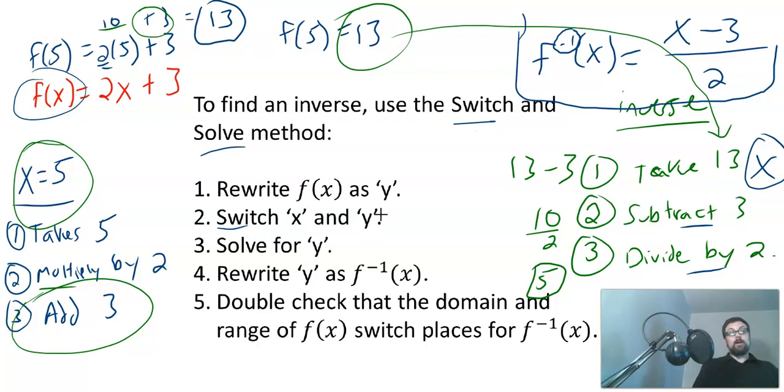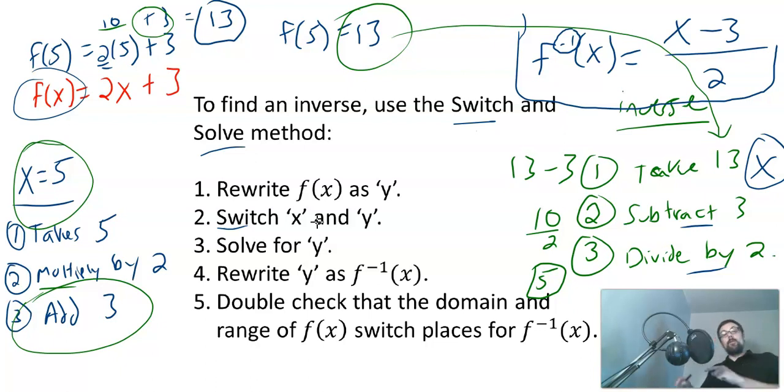Switch x and y. That's the switch part of the switch and solve method. So this doesn't mean swap places. It means flip a switch. Everywhere there's a y, you flip the switch and it becomes an x. Everywhere there's an x, you flip the switch, it becomes a y. Every x becomes a y, every y becomes an x in step 2.